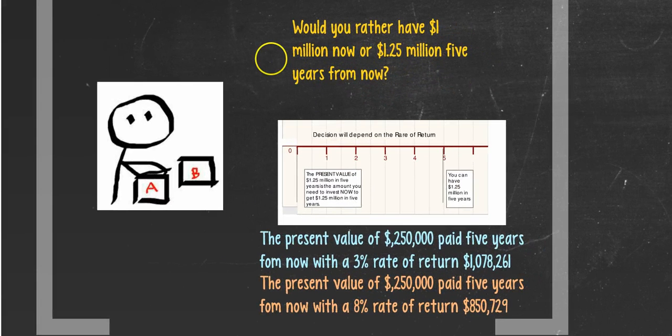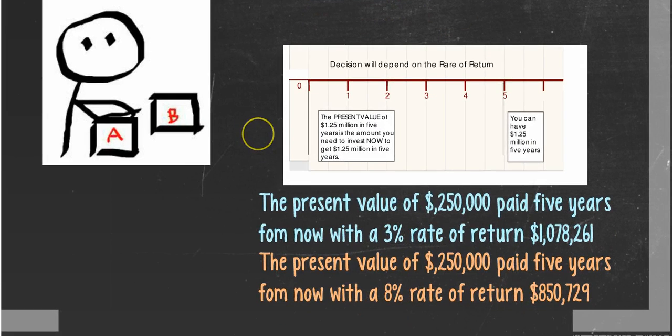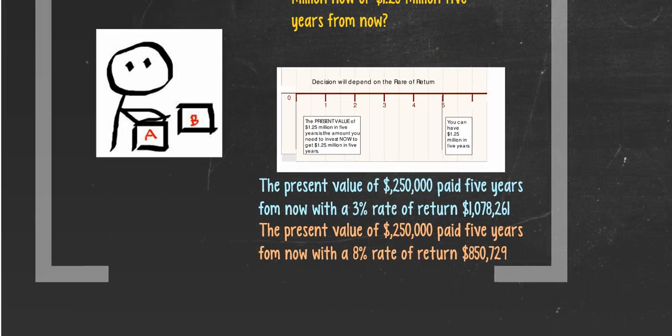So what's this telling us about this question? Would you rather have $1 million now, or $1.25 million 5 years from now? It depends a little bit on what we're willing to assume on a rate of return, because the higher the rate of return, the less we need to start with to generate $1.25 million. Here, the present value of $1.25 million in 5 years with an 8% rate of return is $850,000.